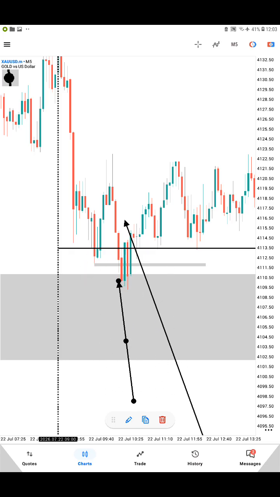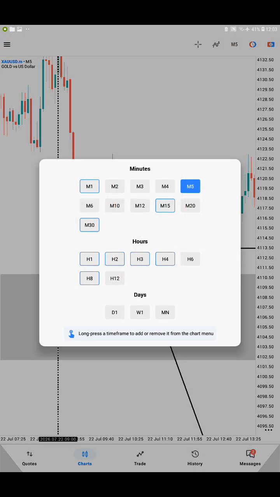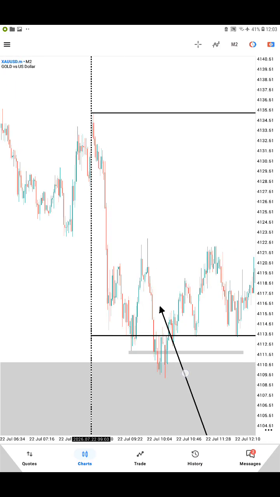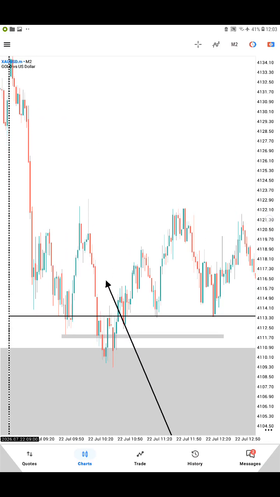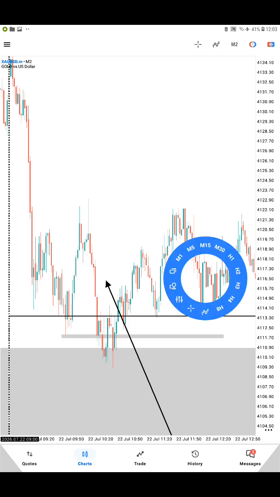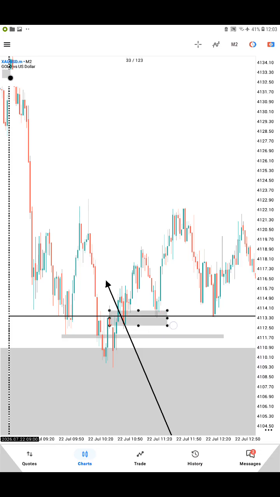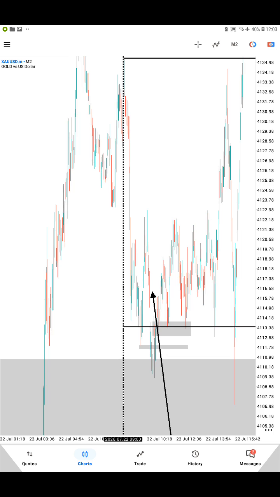As you can see, we're going to drop to another lower time frame, maybe 2 minutes time frame. On a 2 minutes time frame, we have an order block right here, right there, as you can see.